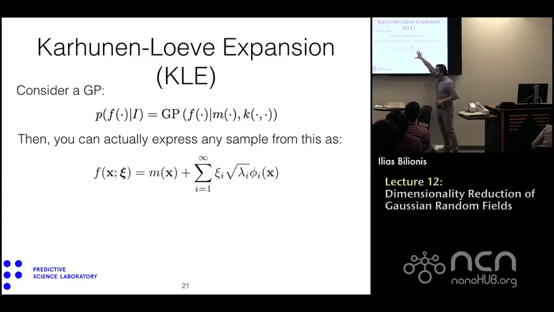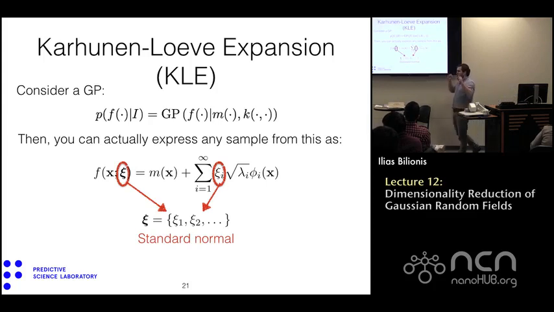And it says that you can actually expand it in a linear basis, the coefficients of which are these random variables. It tells you more things. It tells you that this m of x is actually the mean of the field.